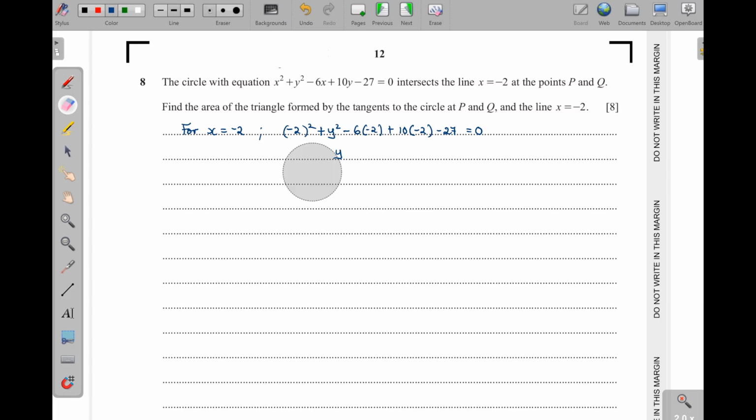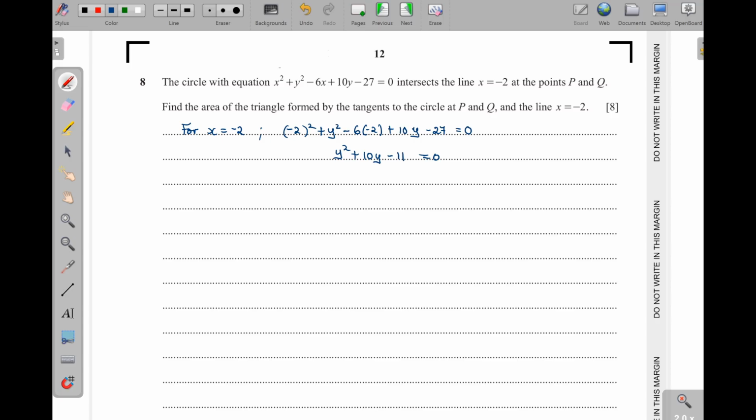No, I made a mistake here. This one is supposed to be 10y. Pardon me here. 10y. Okay. And then from here, we are going to get a quadratic: y squared plus 10y, then this one is a 4 plus 12, that is a 16. 16 minus 27. Isn't that negative 11? Yes, negative 11, which is equal to 0.